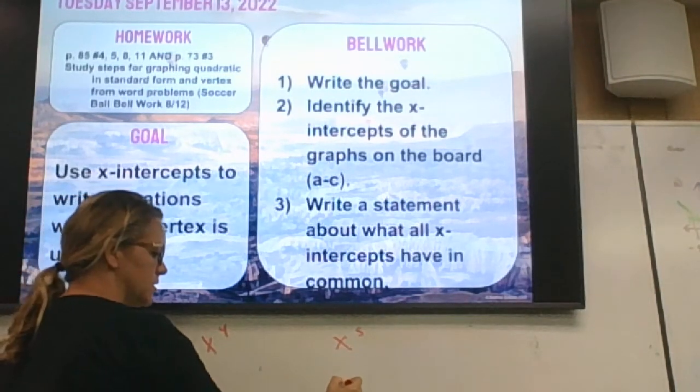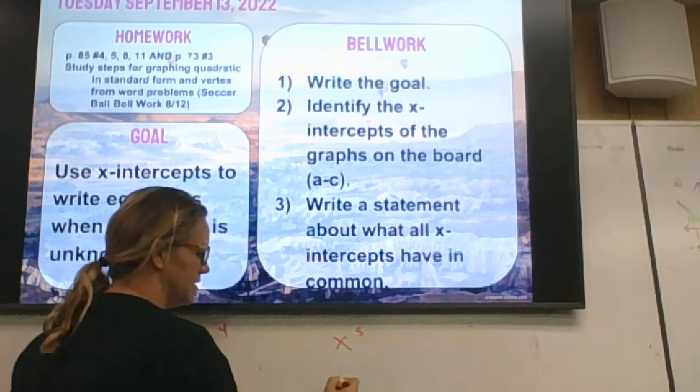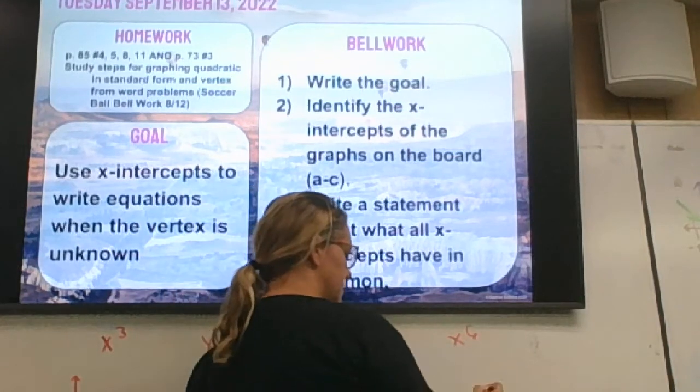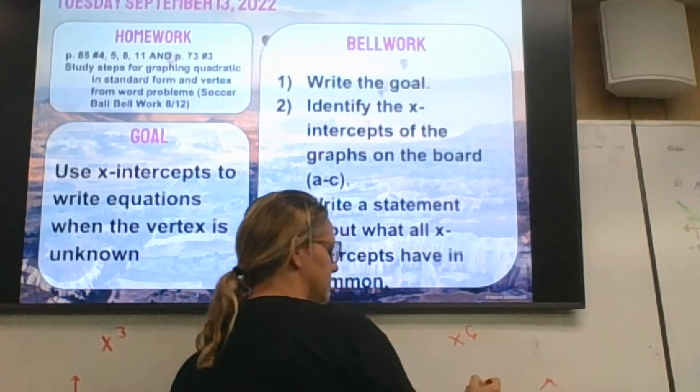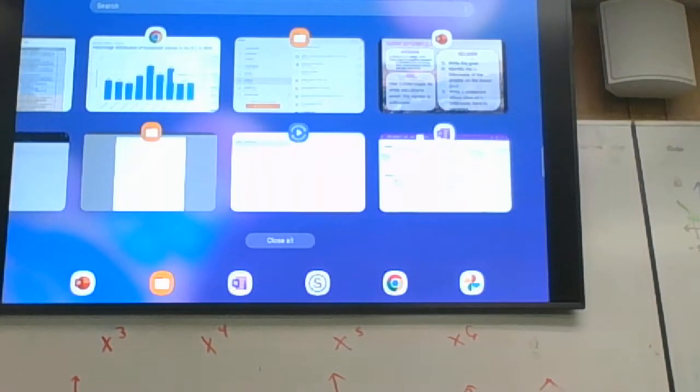X to the fifth will look like this. 1, 2, 3. Like that. Those are kind of cool. So we'll spend one chapter doing this exact thing, talking about odd functions, where arrows end differently, and even functions, where arrows go the same way, and the number of turns is indicated by the exponent. So yeah, that pattern you recognize is good. Good preview.